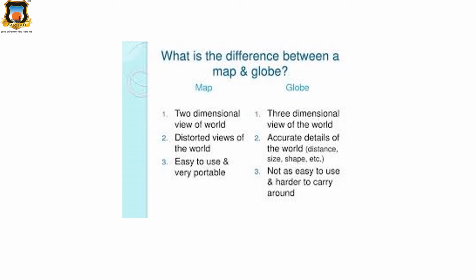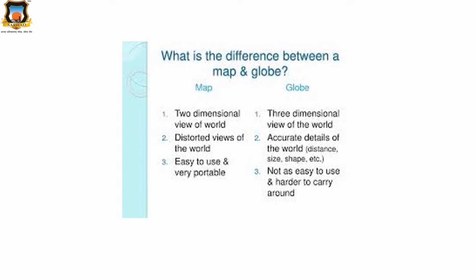If you have to study a specific country, for example, only India, you can get the map of India. If you have to study your state, Maharashtra, you can get the map of Maharashtra. If you have to study your own district, Pune, you can get the map of Pune district also.